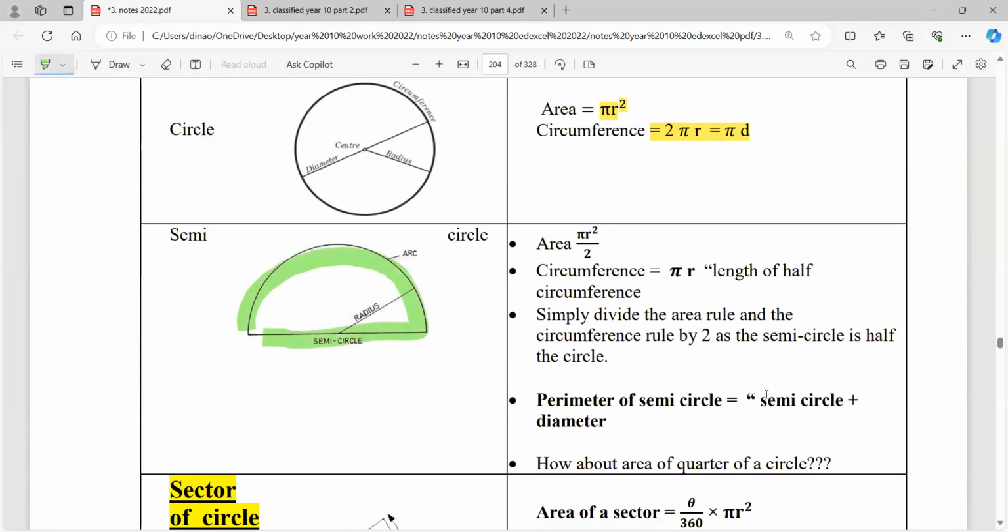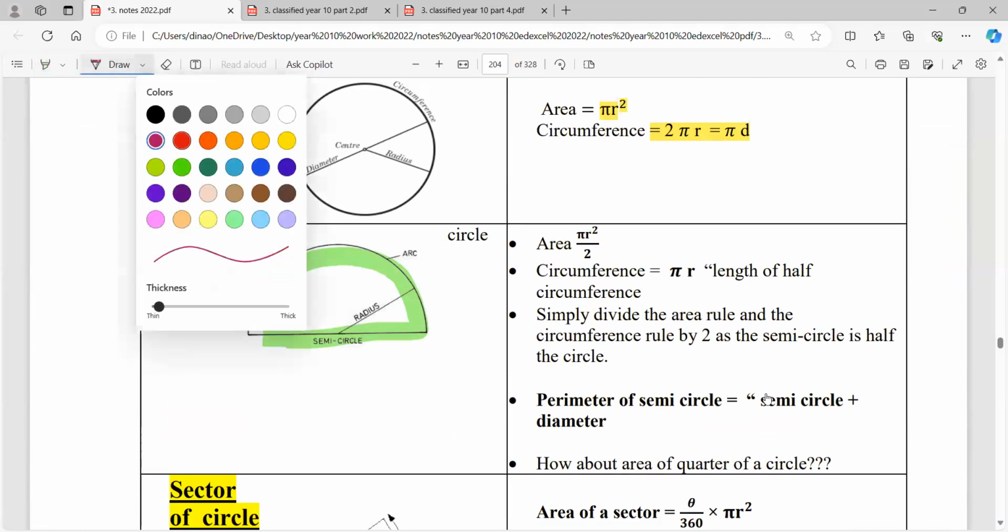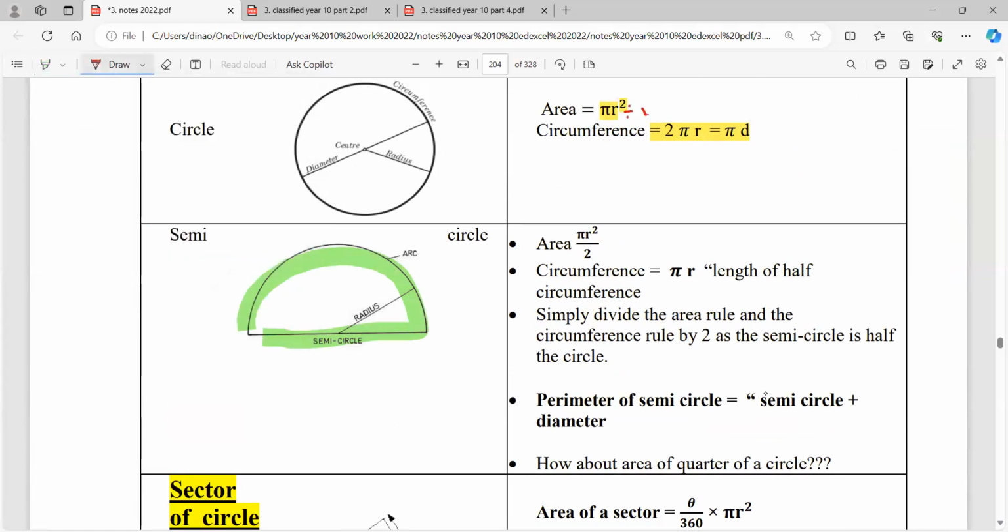Now, if I am required to find the area of the semicircle, definitely what I will do is get the area of the circle divided by 2, reaching this form over here. And if I want to calculate, as it's over here in bold, the perimeter of the semicircle, then as we said earlier, the perimeter is all the outer sides, meaning that I will take this diameter and add it to half the circle.